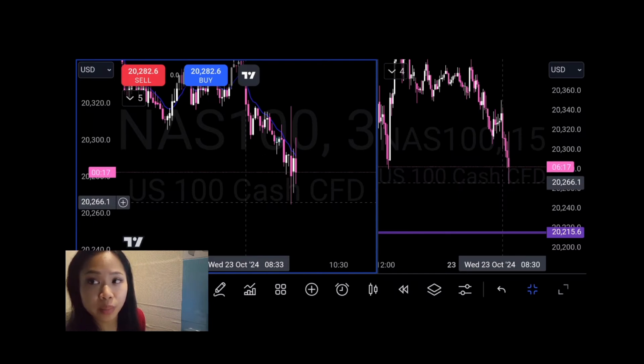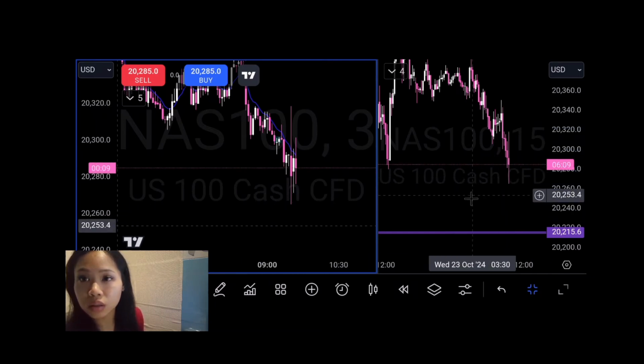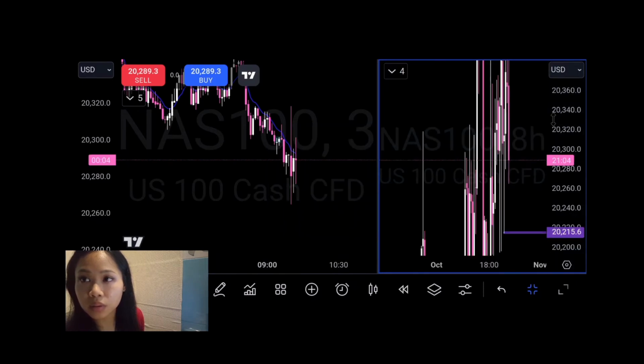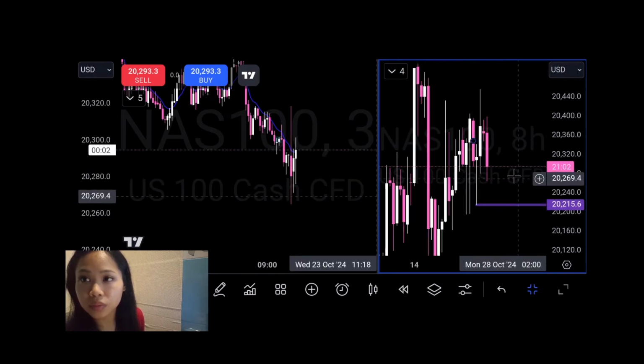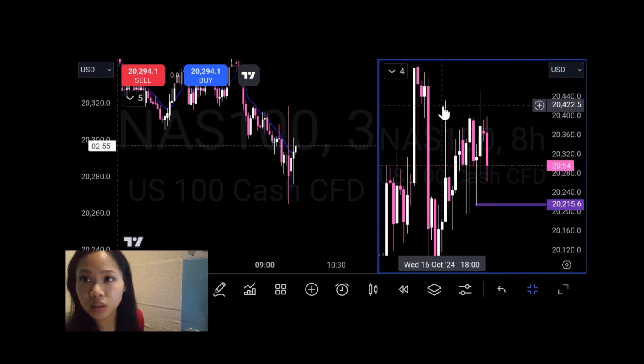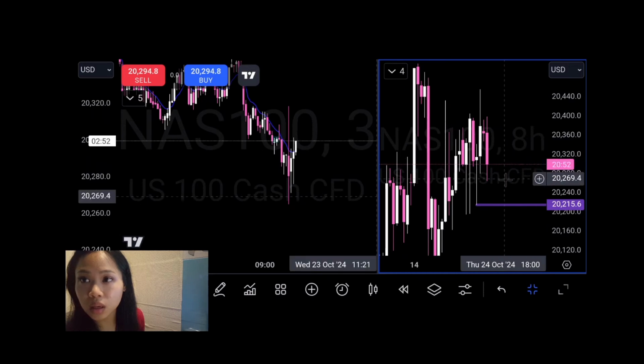And this is a part of my plan because of that swing high and that wick at the 8-hour chart. So this is a part of my setup because this is a 1, 2, 3 candle swing high with this wick taking out all the previous candles' wicks.